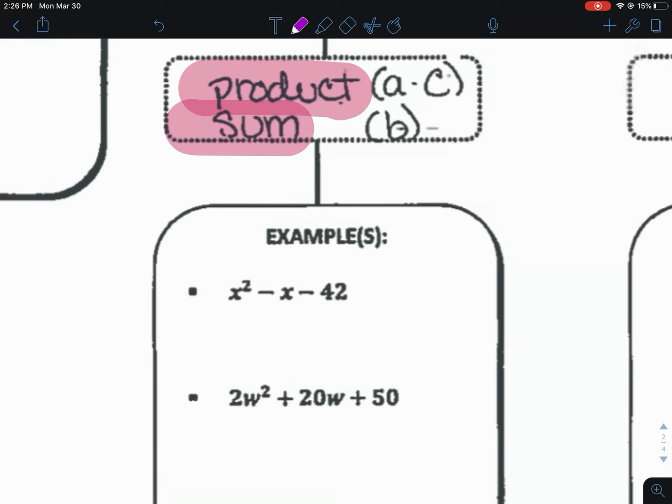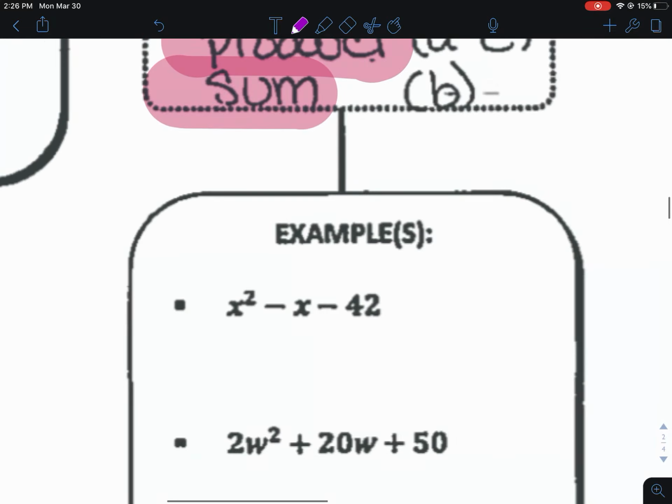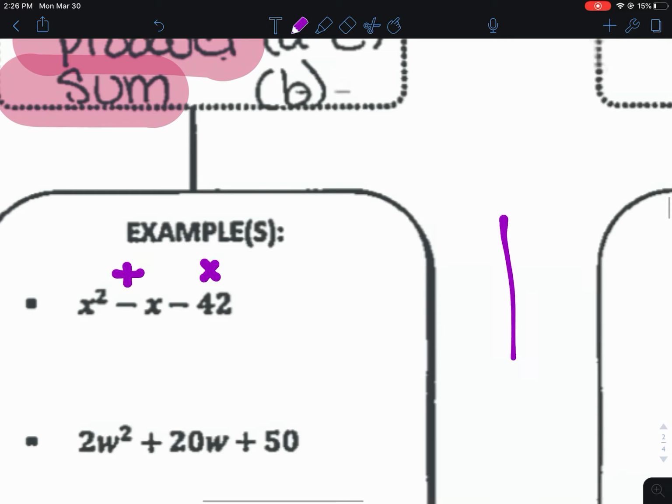And when we see that, we want to find the product of C, and those two numbers have to also be the sum of B. All right, so in our case, and I usually make a little chart here, which I'm going to do off to the side, we want to find the product, and product means multiplication.